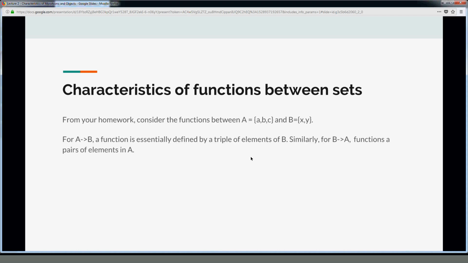Now, for the functions from A to B, you can essentially consider them as a triple.